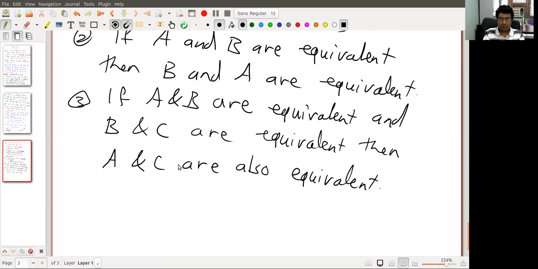Sorry, I should write B and C are equivalent. Okay, so this property is called transitivity. This uses composition of functions. So these are basic things about functions.